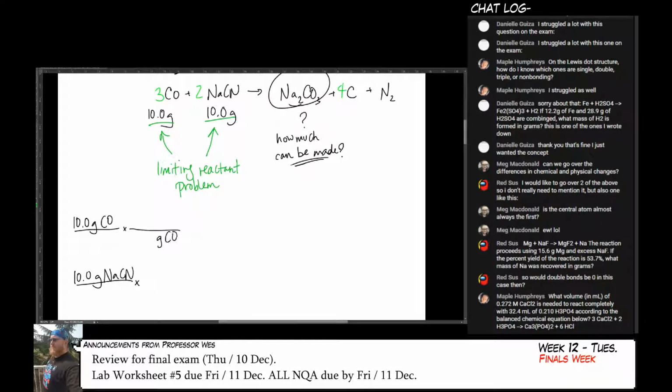So let's do that. Grams carbon monoxide, moles carbon monoxide. So those cancel out. And then I know that moles of carbon monoxide can be turned into moles of sodium carbonate. There's a leaf blower directly outside my window, and I'm like, seriously, it's pouring rain. Why are you doing this to yourself and me?